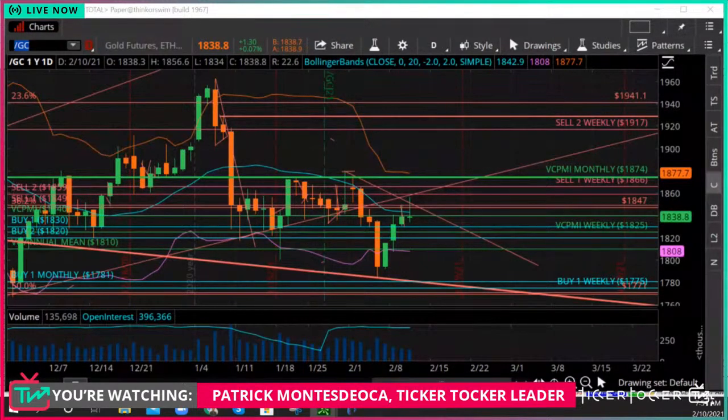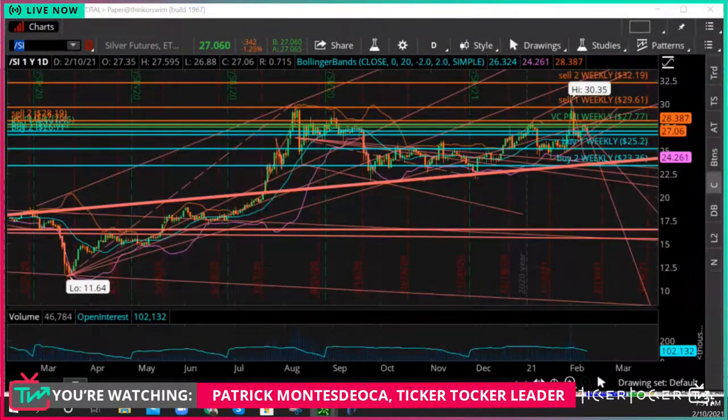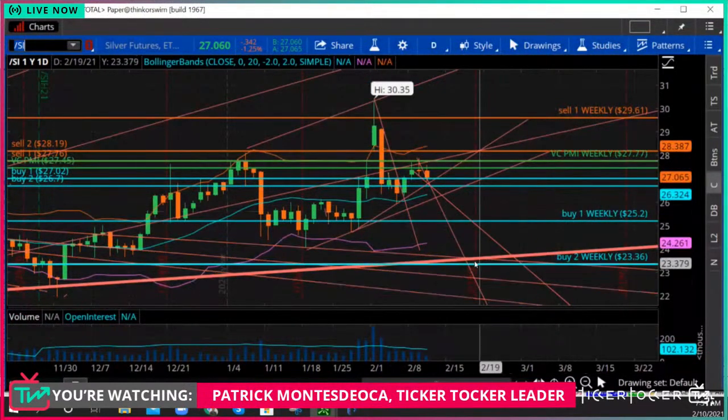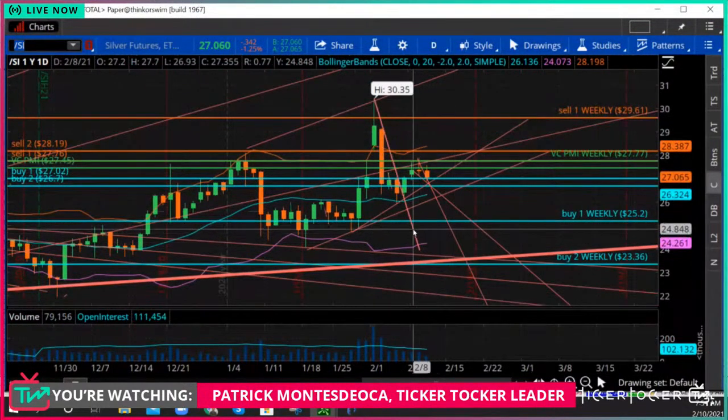27.05 on silver. 27.06. That's completing some targets here.